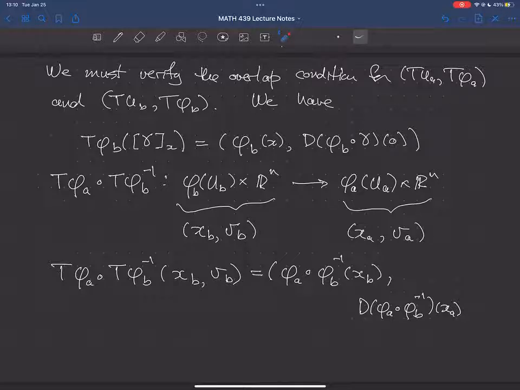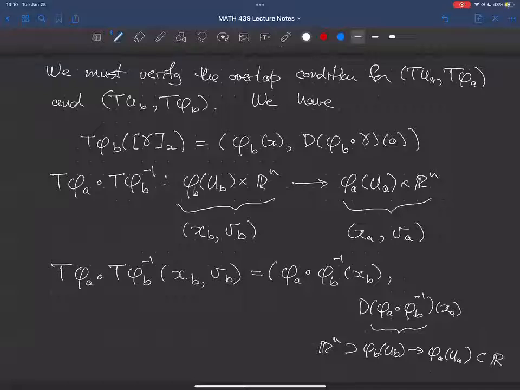What do you think? All right, so this is a map from phi B of UB into phi A of UA. Okay, so this sits inside Rn, and this sits inside Rn. So what's the shape of this matrix going to be?